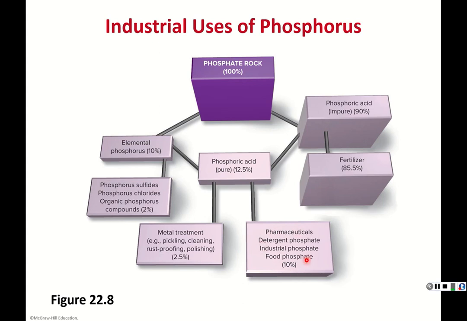So that's a pretty large part of the phosphoric acid production is used in those industries. You also can use it for metal treatment. And then there's elemental phosphorus, which is probably the smallest amount of what's used industrially.